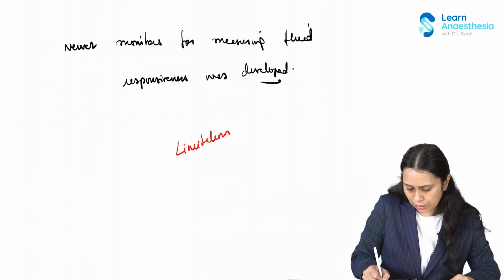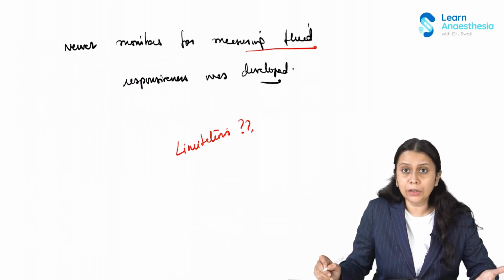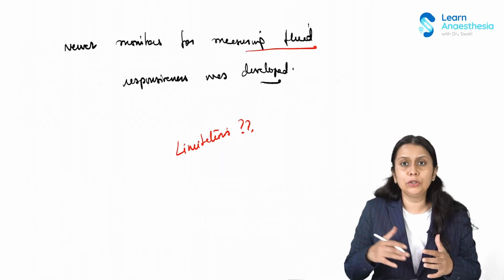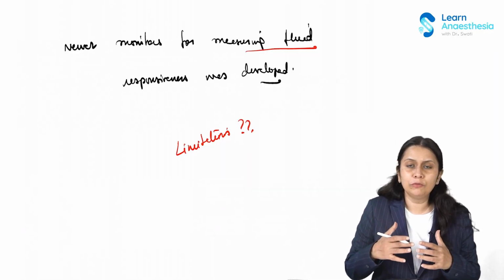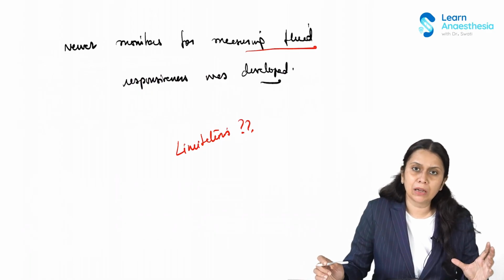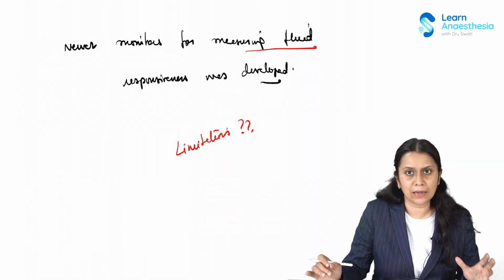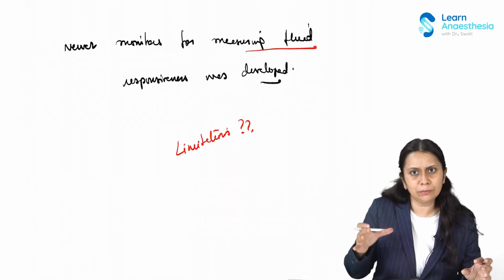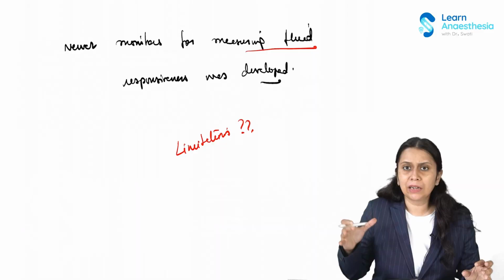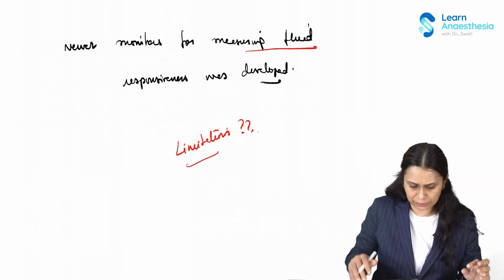So what are the limitations of these newer monitors? Since they are still new, we don't have a lot of studies with a larger number of patients pointing towards their accuracy. So evidence-based medicine's data regarding their accuracy can still be questioned. So what exactly are the limitations?